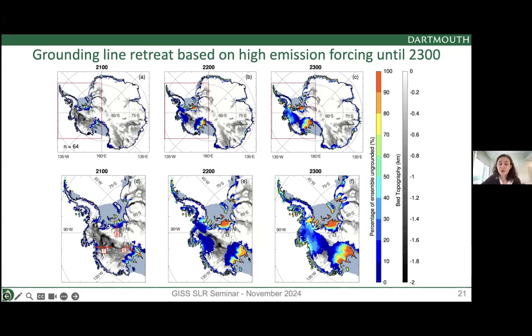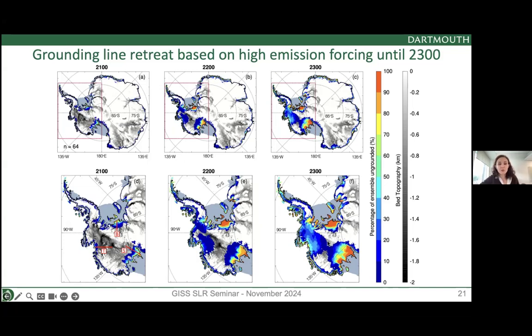And then by 2200, things start to really accelerate. By 2300, we see that in some regions there's really strong agreement, like it's dark red. Most of the models, if not all of them, have retreats on Siple coast, Berkner Island ice rise. While in other regions, these blue colors show a lot more disagreement, with some of the models showing retreat on most of West Antarctica, a complete collapse, but a really strong disagreement of where the grounding line will be there.